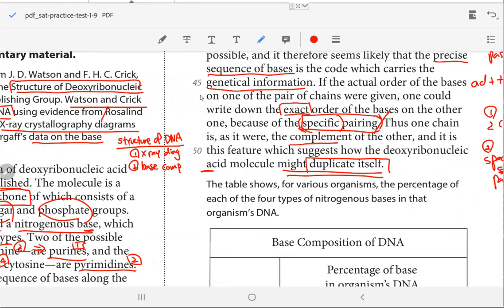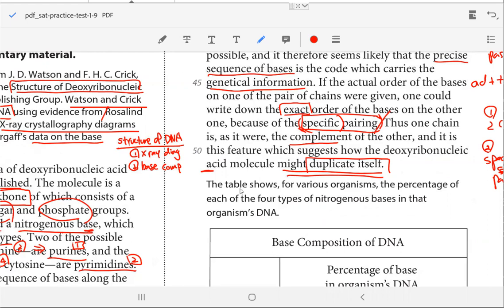그죠? 네, 그러니까 order가 exact 하니까 specific pairing이 되어서 그 각자의 베이스가 it complements each other, right? One chain complements the other because it has different base in a specific pairing in exact order, okay?